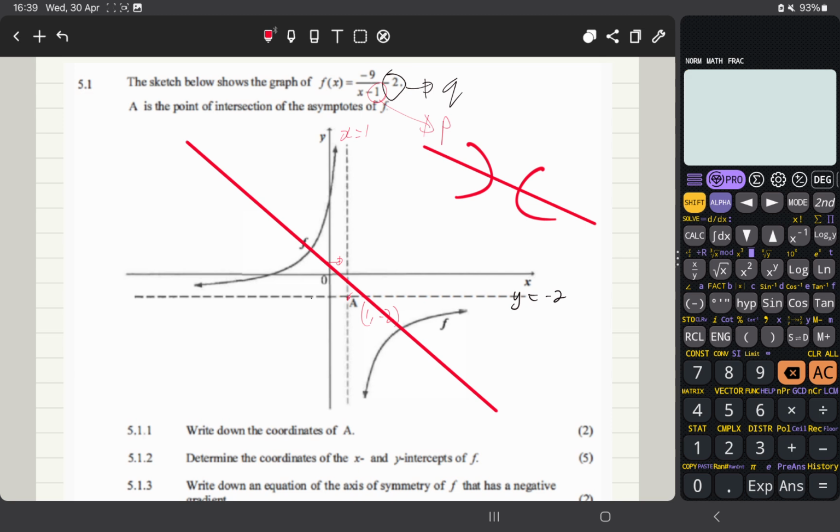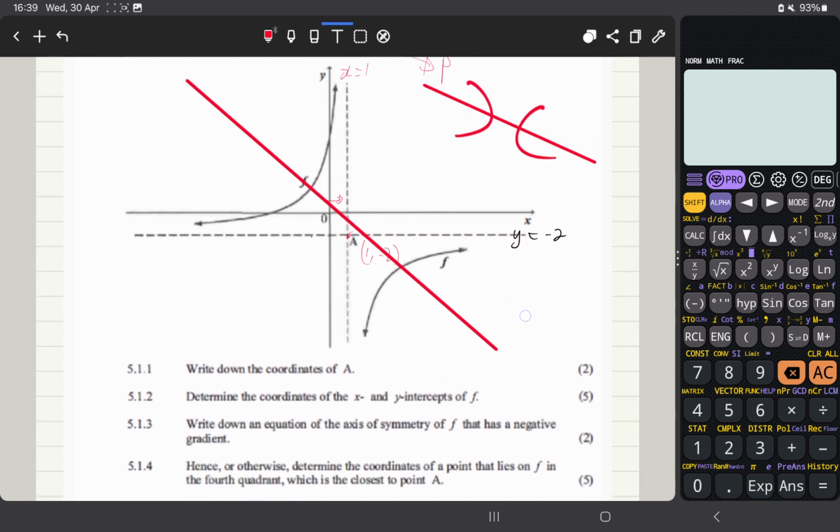You will find your graph being in the same quadrant. You know what I mean? So I'll put a full stop on that.